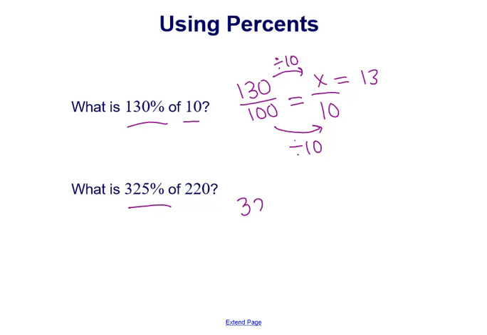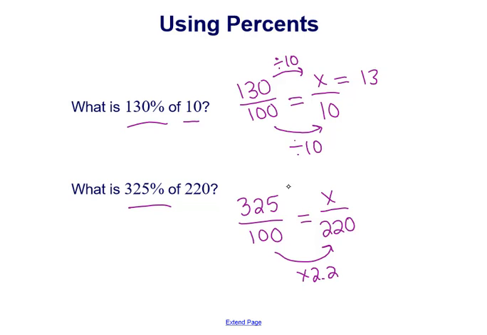So that's 325 over 100 equal to our unknown amount, x, over 220. So now to solve for our unknown, we'll look at the relationship from how do we get from 100 to 220. Well, we can think of that as multiplying by 11 over 5, or 2.2.